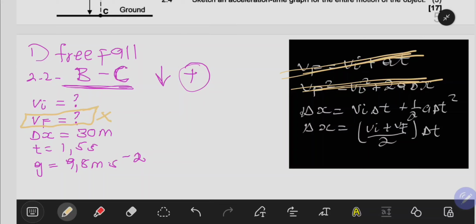Now we are looking at the third equation. We have the change in displacement, our initial velocity, the one that we're looking for, time, and also our gravitational acceleration. So the third equation is the one that is going to work best for this problem, because if you check the last equation, we have V initial and V final, which are two unknowns, and we can't work with that for now.